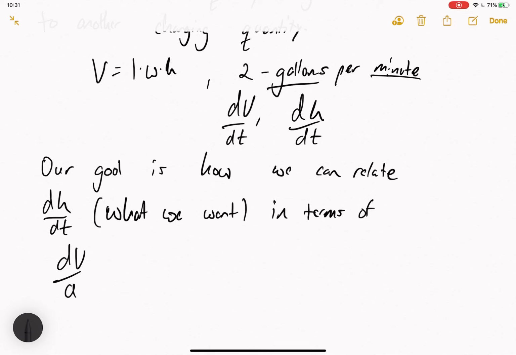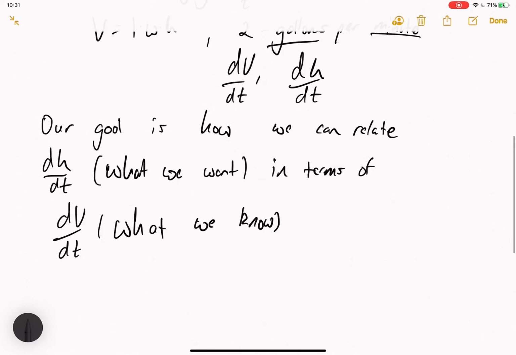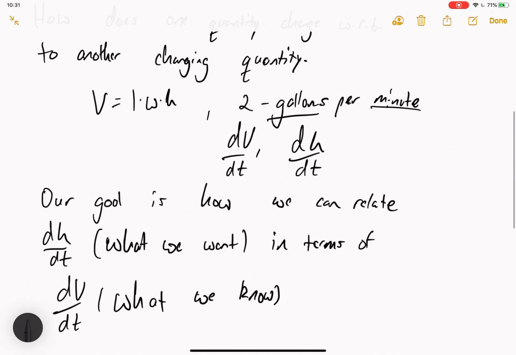That was dV dt, what we know. In this case, I'm talking about a specific example, but the idea is, we have one quantity changing and a relationship with another quantity. You change one thing, how does it change the other? In this case, dV dt and dH dt all depend on this equation.